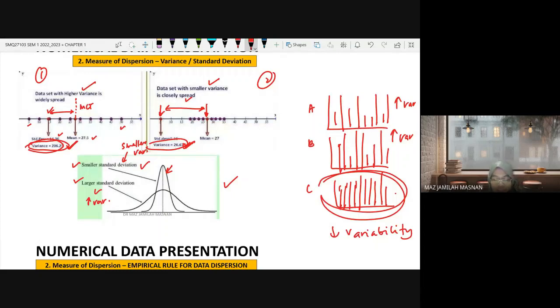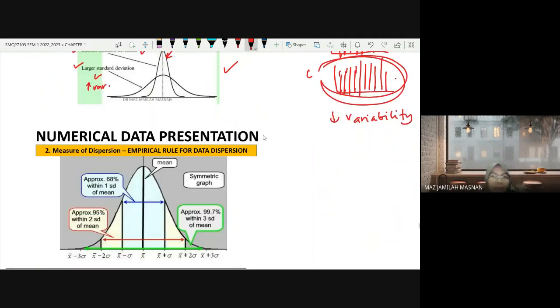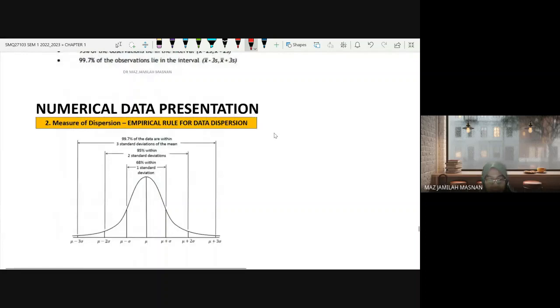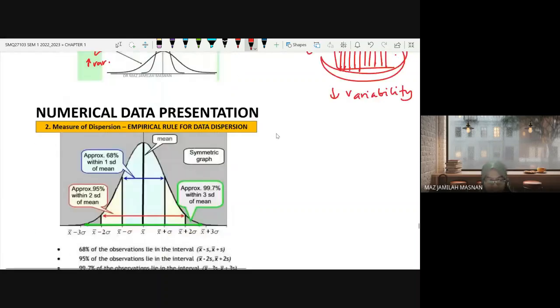So class, please remember and understand which kind of data, with smaller or higher value, is better in terms of representing your data. Okay, now the last part about data dispersion is the empirical rule.